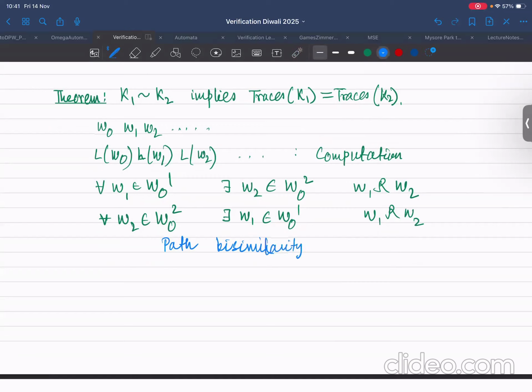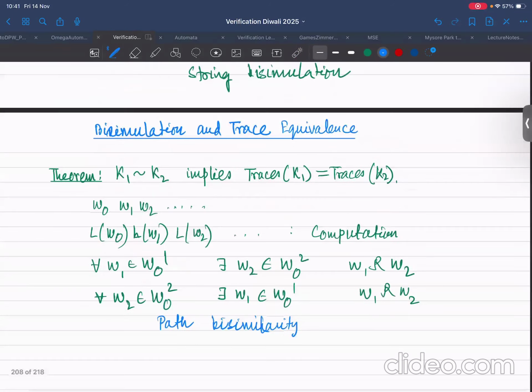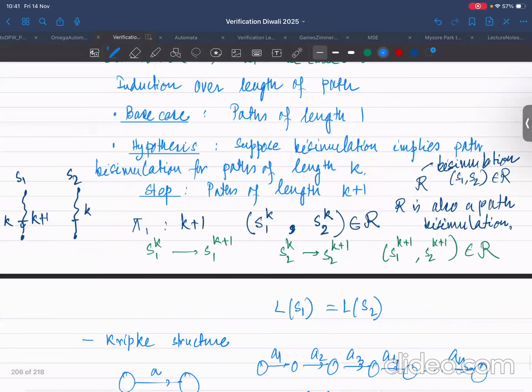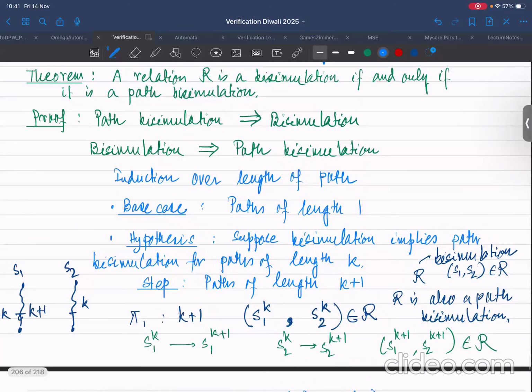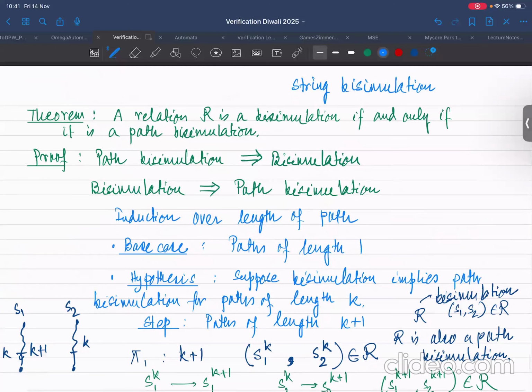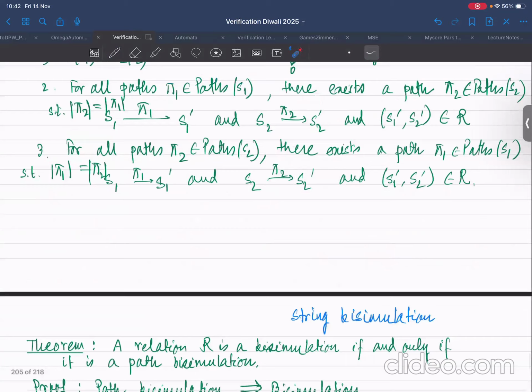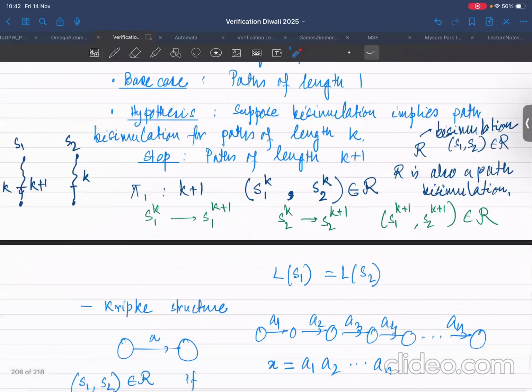For every path of K1, there should exist a path of K2, such that the path bisimulation says this thing. Like that indeed, all these things have to be bisimilar at the individual intermediate steps, correct?